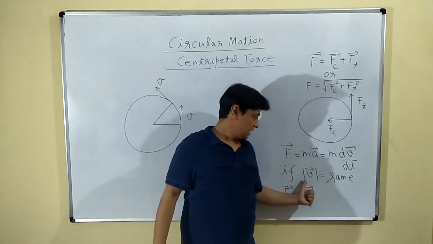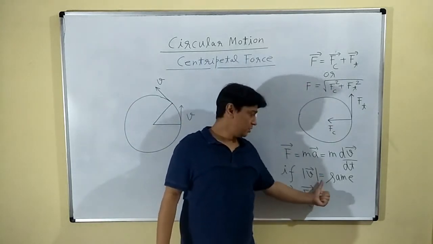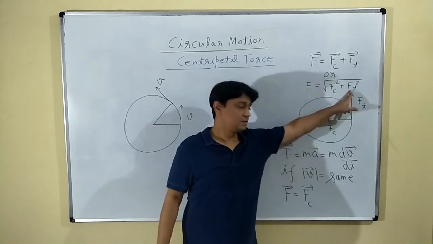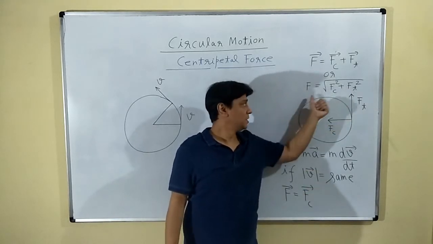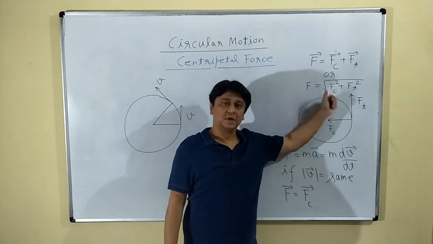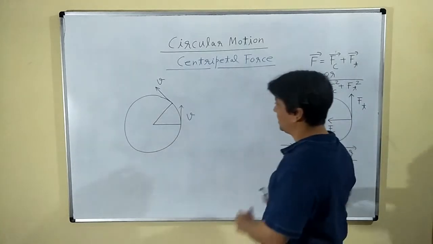Ft, since magnitude of velocity is not changing, Ft becomes what? 0. F becomes what? Fc. किसी भी तरीके से देखिए ये चीज समझ में आ जाएगी.